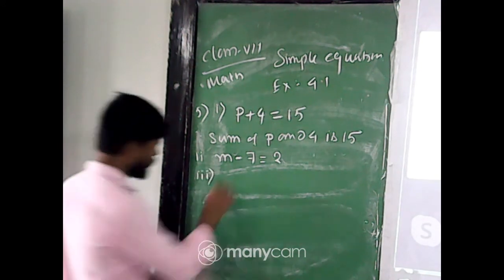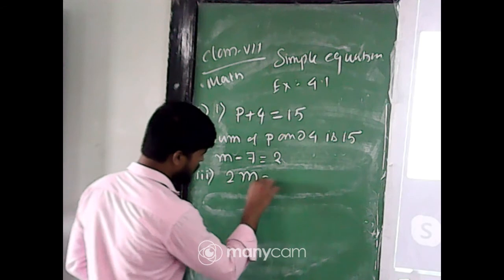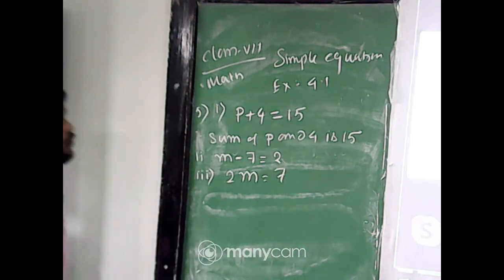Now question number 3. 2m is equal to 7. Now set up a mathematical statement.